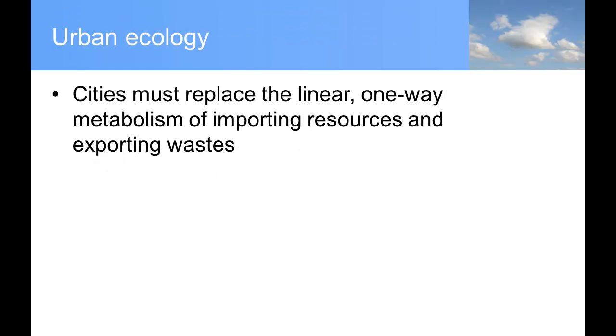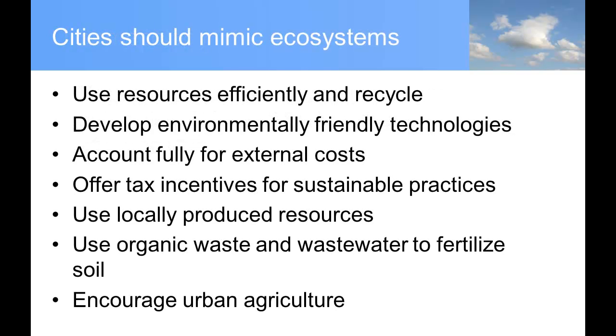Urban ecology, again, is where we're trying to make cities more efficient by treating them more like ecosystems. So we look less in terms of their linear, one-way metabolism of importing resources and exporting waste, and look in terms of being more sustainable in the long term.